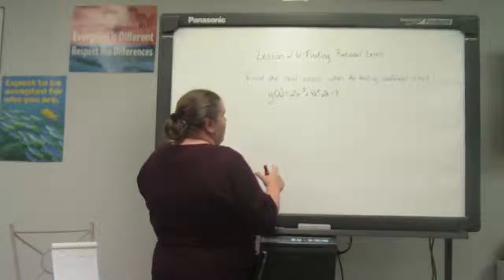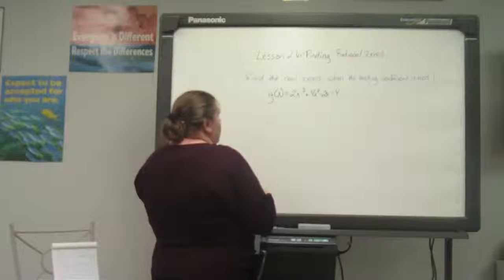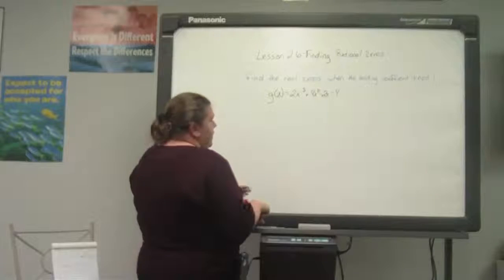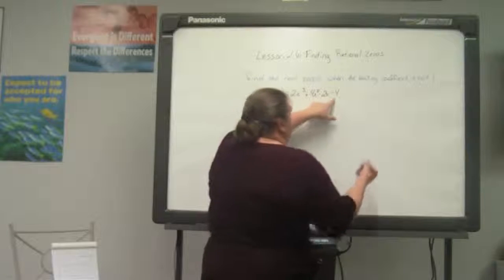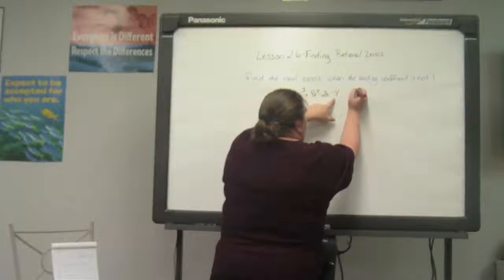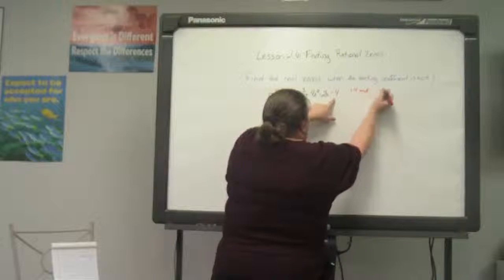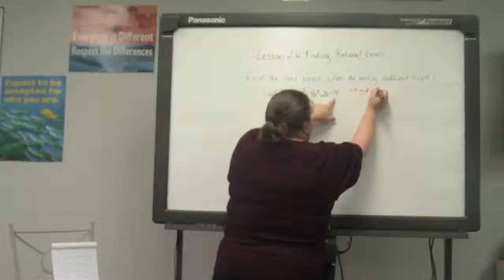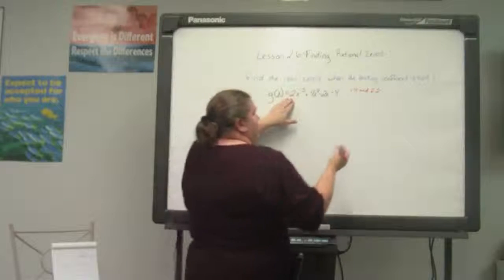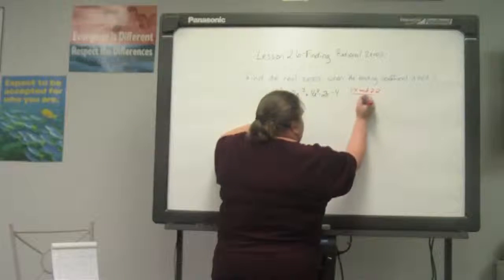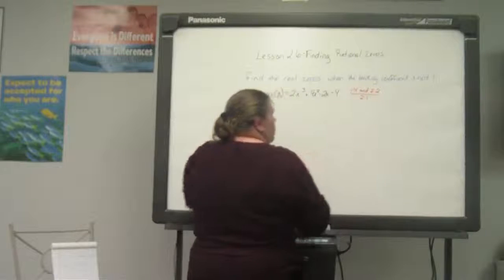What we have to do, we have to think back to the rational zeros theorem, and remember that means the factors of the constant, which are 1 times 4, and then 2 times 2, over the factors of the leading coefficient, which is 2 times 1.